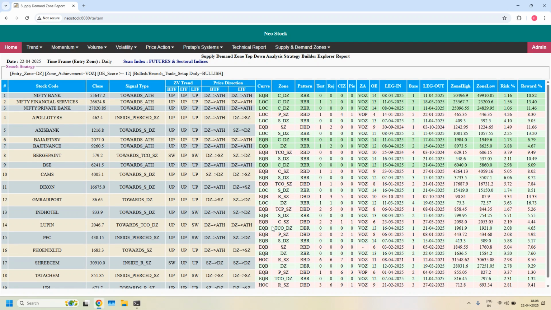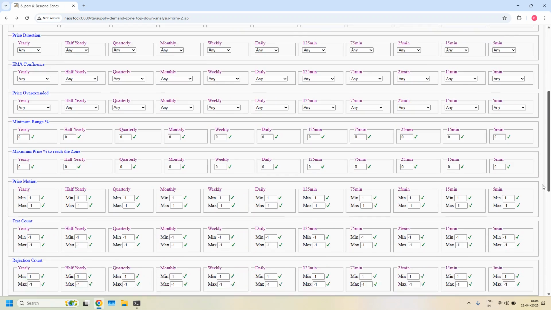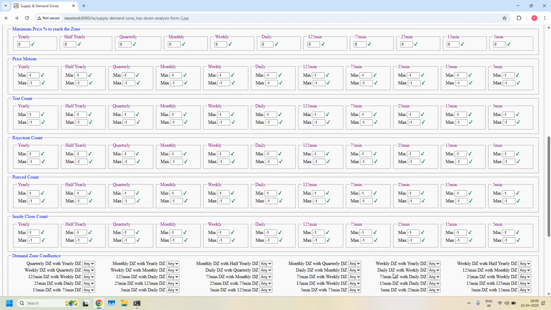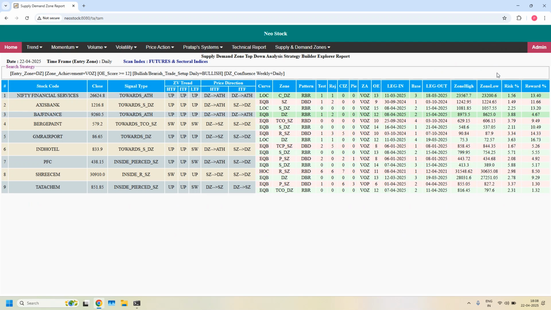Let us further filter based on the zone confluence, that is daily and weekly demand zone confluence. With this filter, we got 9 stocks.